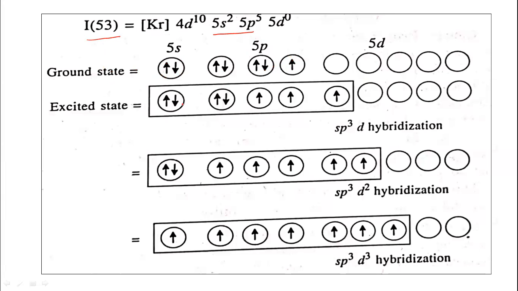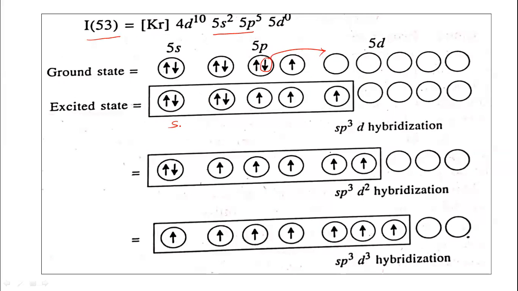In the excited state, the promotion of an electron takes place from the 5p orbital. This electron is shifted to the 5d orbital. Okay, so there are three half-filled orbitals now. So iodine in the excited state undergoes sp3d hybridization.